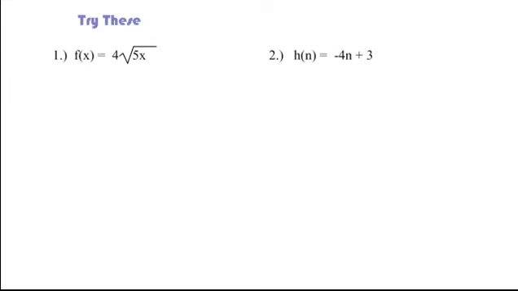Okay, I'm going to give you the problem right now. This is just part of the problem, and I'll give you some time to solve them. So for number 1, I want you to find f of 20. And for number 2, I want you to find h of n equals 11.